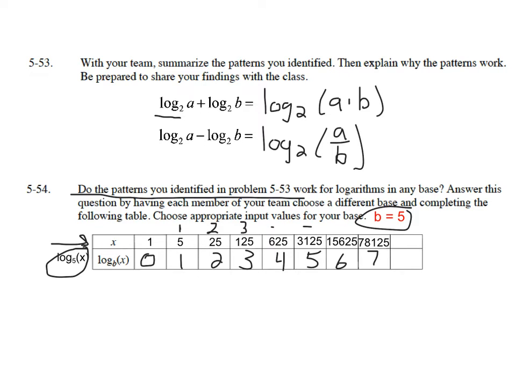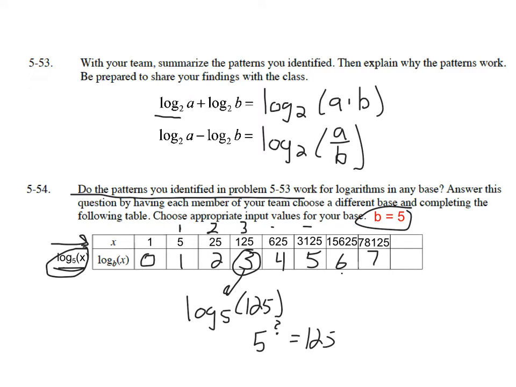Okay, welcome back. Now, using log base 5 of x, I'm just going to take this one right here as an example. I've got the log base 5 of 125. Let's rewrite that. That's really saying 5 to what power equals 125? Well, that power has to be 3.